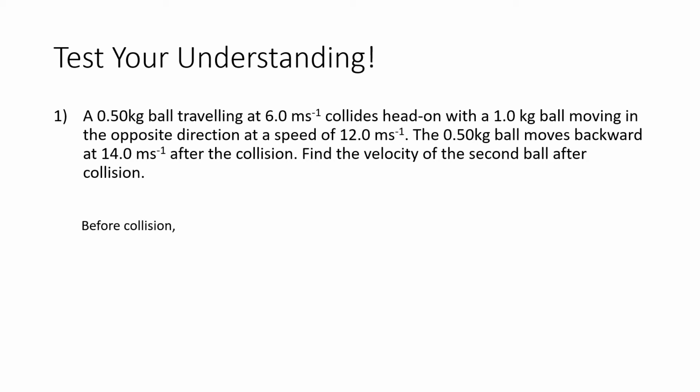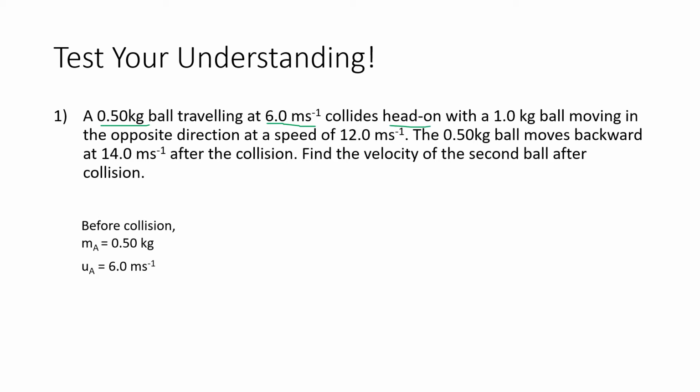Before collision, we have a 0.5 kilogram ball, so I put there ball A, mass of ball A, traveling at 6 meters per second. So the initial velocity for ball A is 6 meters per second.